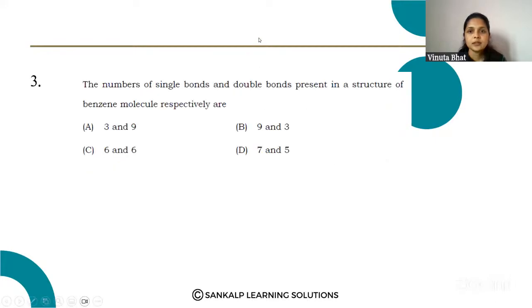Next one. The number of single bonds and double bonds present in the structure of a benzene molecule, respectively. So what is the formula of benzene? C6H6, right?